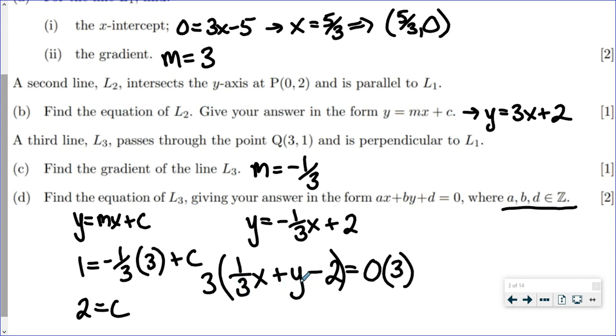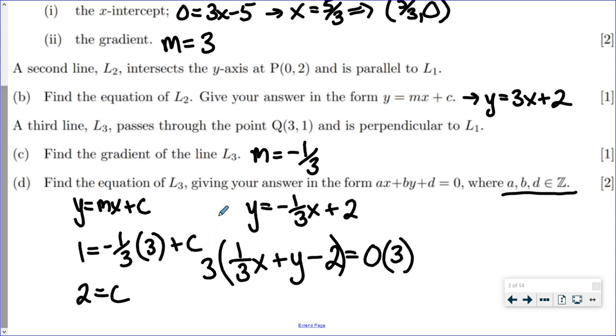If you have multiple denominators, you would have to find the least common multiple and multiply everything by that number. So multiplying out here, we just get 1x plus 3y minus 6. And of course, 0 times 3 is still 0. So we are done. It is now in ax plus by plus d equals 0 form, where all of my coefficients are integers.